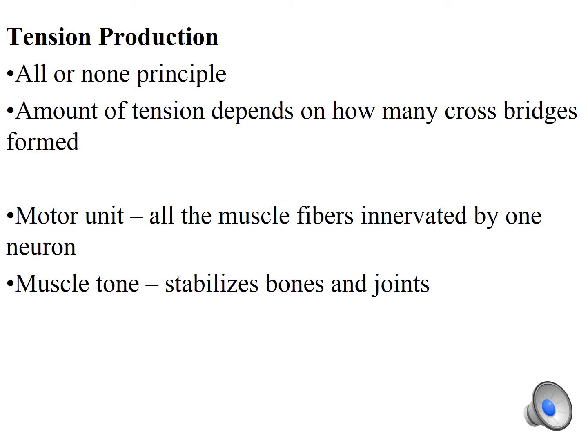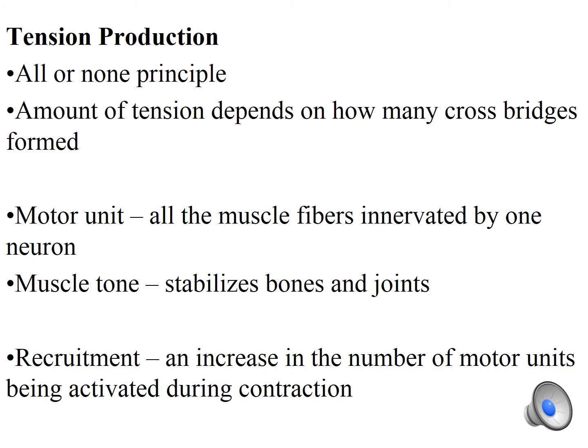So we've talked about muscle tone as being the ability to stabilize bones and joints. And again, muscle tone is just how many muscle fibers are contracting at any given time. If you're in a relaxed state, there are some muscle fibers contracting to help hold you in that position. But if you wanted to lift up a baby, suddenly a lot more muscle fibers are going to contract. So recruitment is an increase in the number of motor units being activated during contraction.